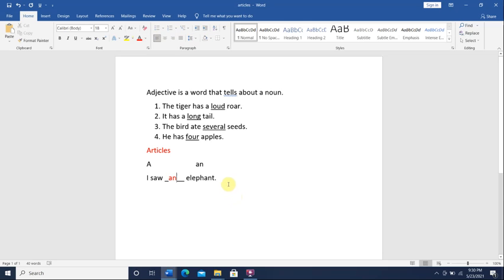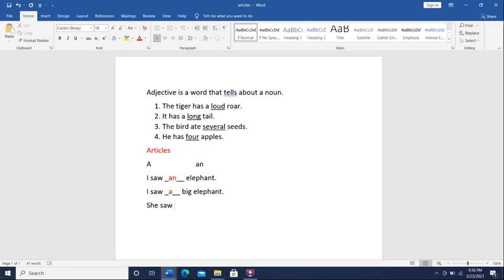Okay, what if I have the same sentence but with another word? If I say I saw big elephant. Here, there's the word big before elephant. So does big begin with a vowel? No, it begins with a consonant. So here I'll be putting I saw a big elephant. Another example.